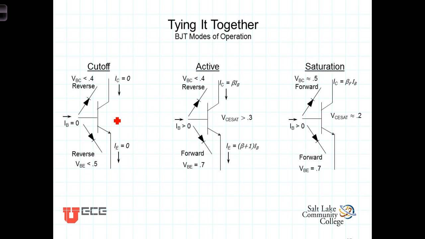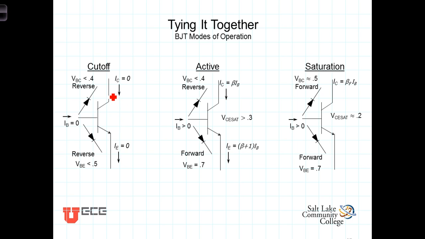We've seen that we can think of the transistors as operating within one of three different regions or modes of operation. The mode of operation is determined by the relative terminal voltages.